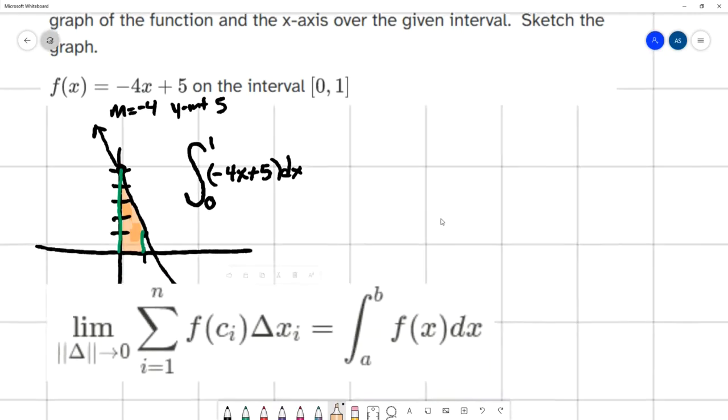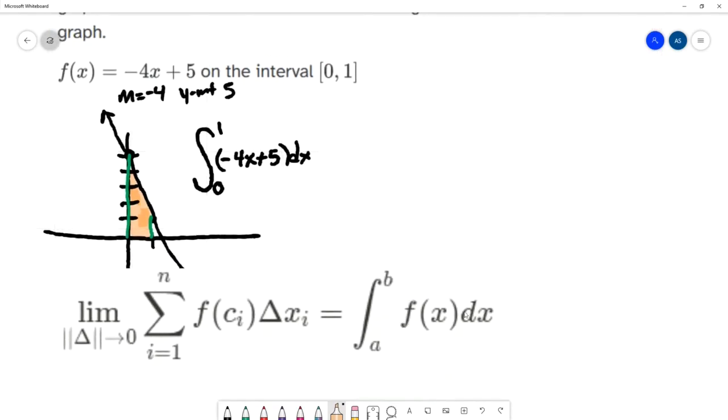So you can see here that we define a definite integral using this limit sum definition. So our goal is to find the area not with the shortcut, the fundamental theorem of calculus, but with this definition of the definite integral.